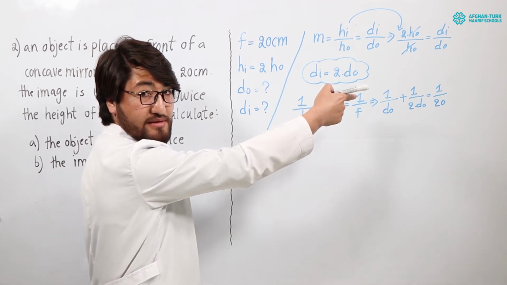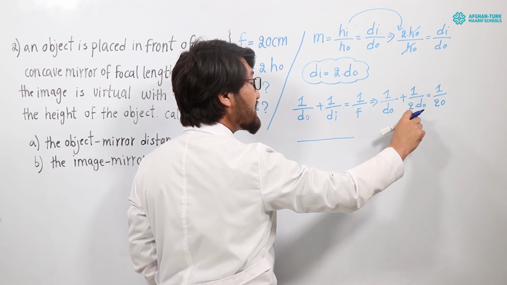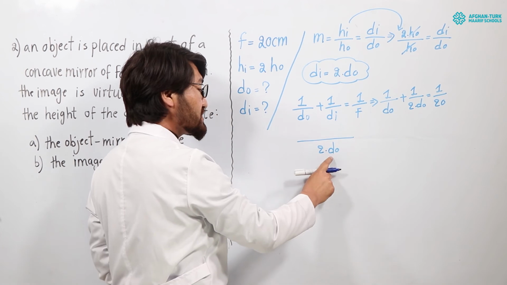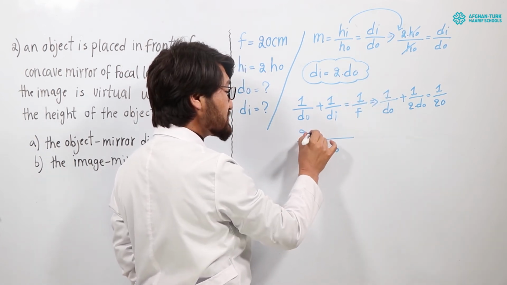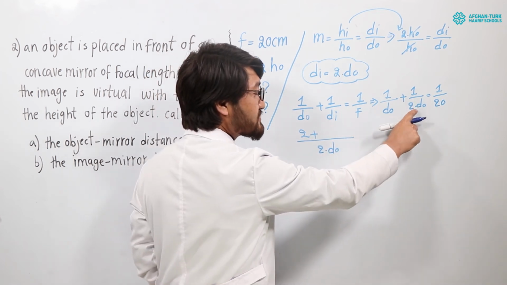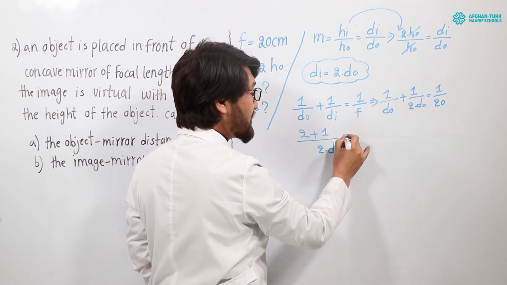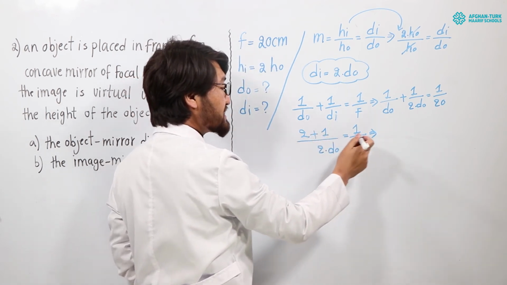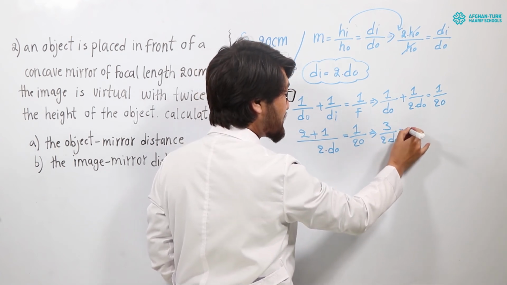Now what's the LCM of the two numbers? 2 times DO. 2 times DO divided by DO is 2, 2 times 1 is 2, plus 2 times DO divided by 2 times DO is 1, 1 times 1 is 1, equal to 1 over 20. Okay, 2 plus 1 is 3. 3 over 2 times DO is equal to 1 over 20.